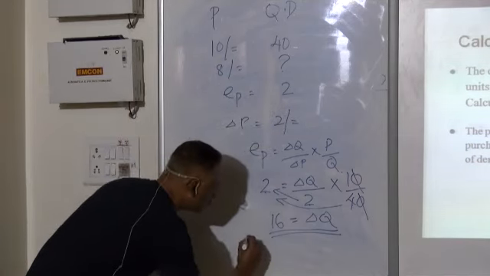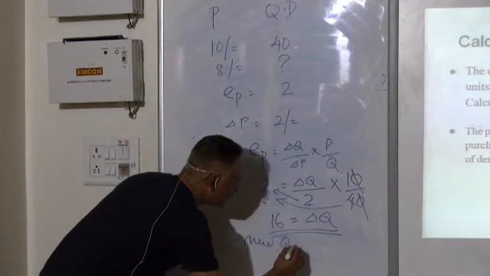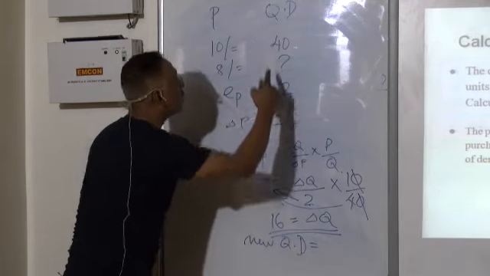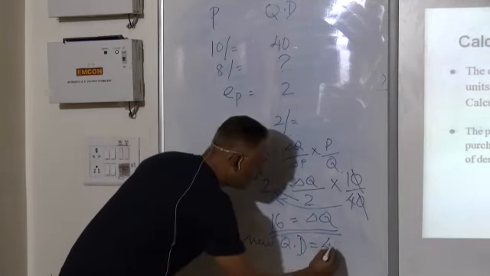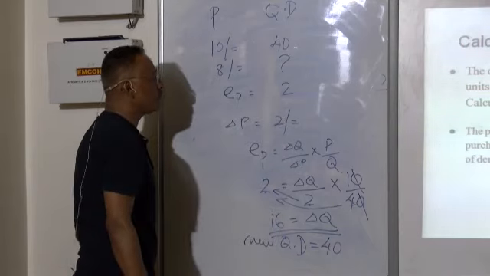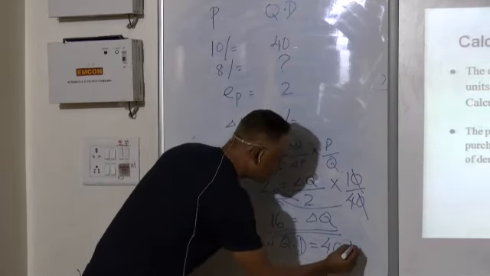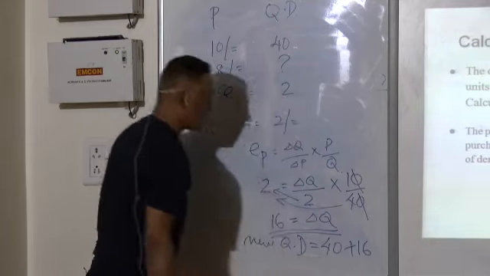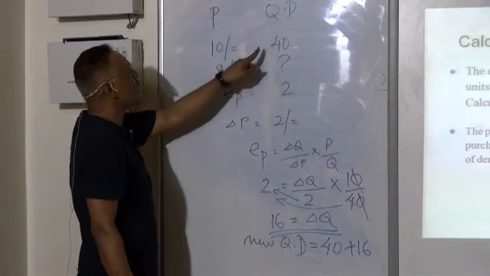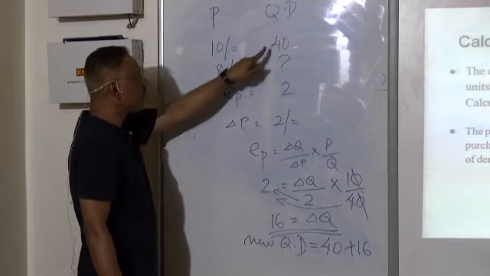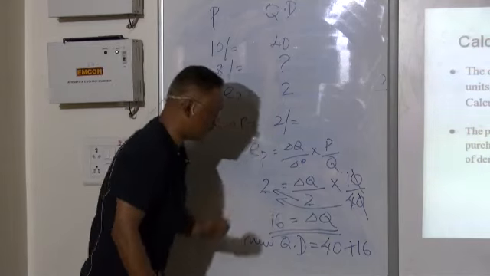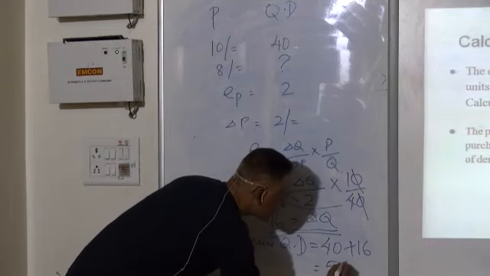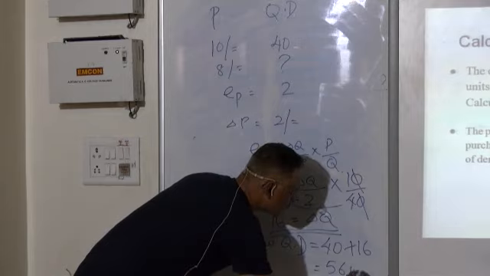So the new quantity demanded is equal to 40 plus 16. When there is an increase, add. So we have 56 units.